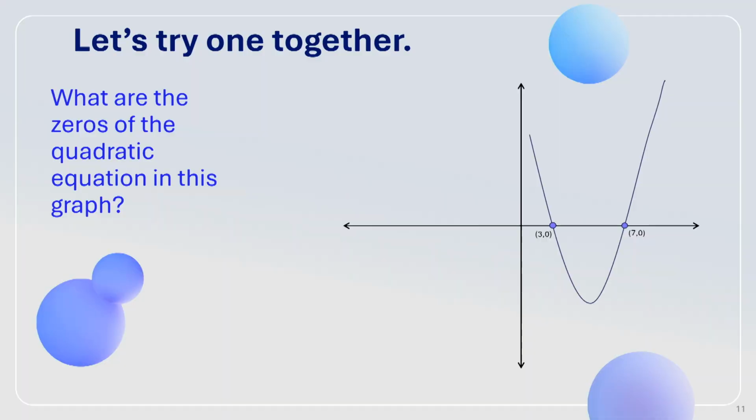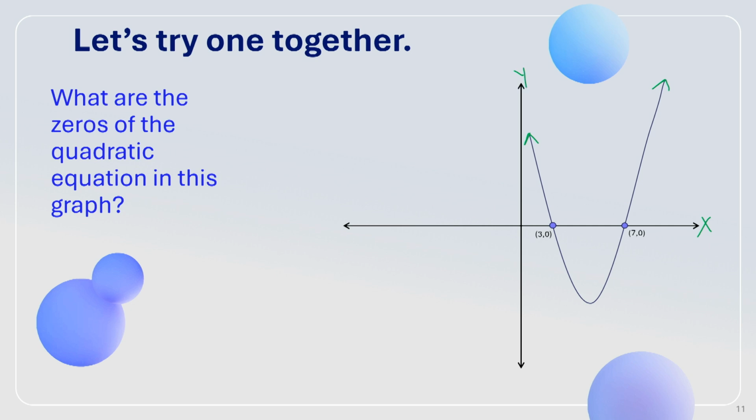What are the zeros of this quadratic equation in the graph? Well, it's already graphed for us, but what do we see? I see that my graph is continuous. It goes on and on and on. But I also see that it dips down below my x-axis.